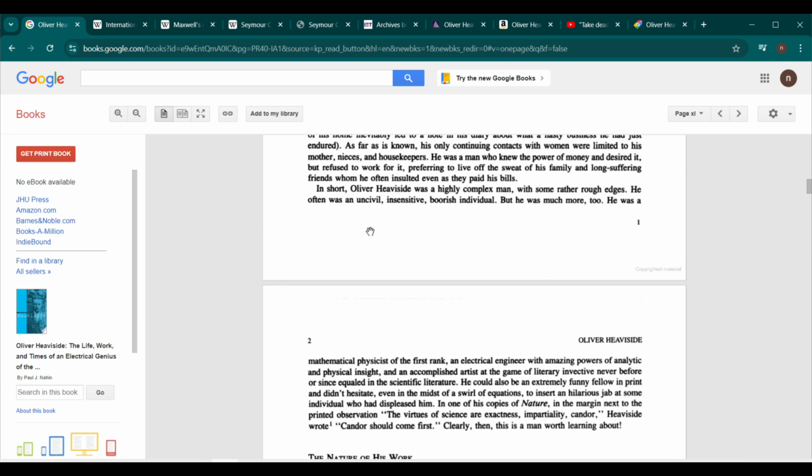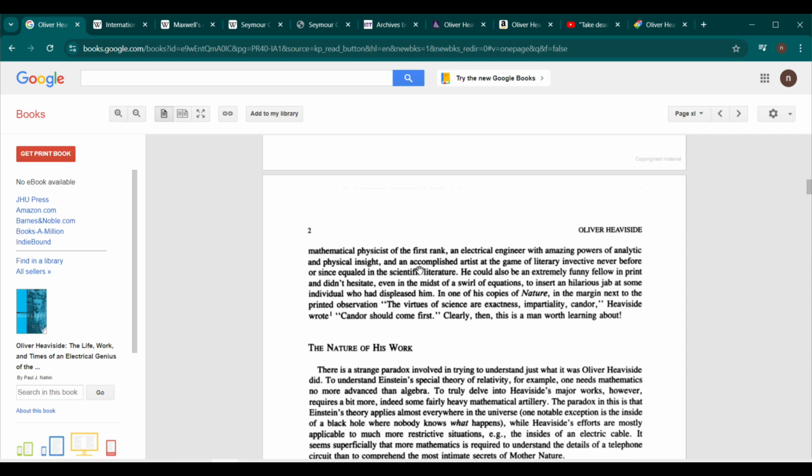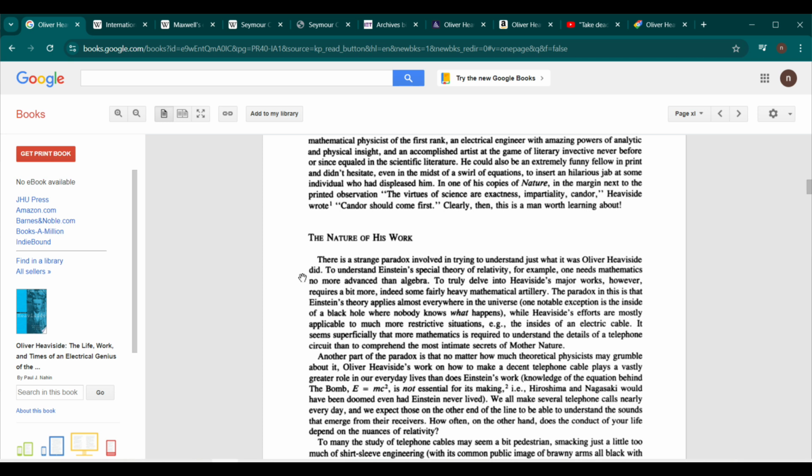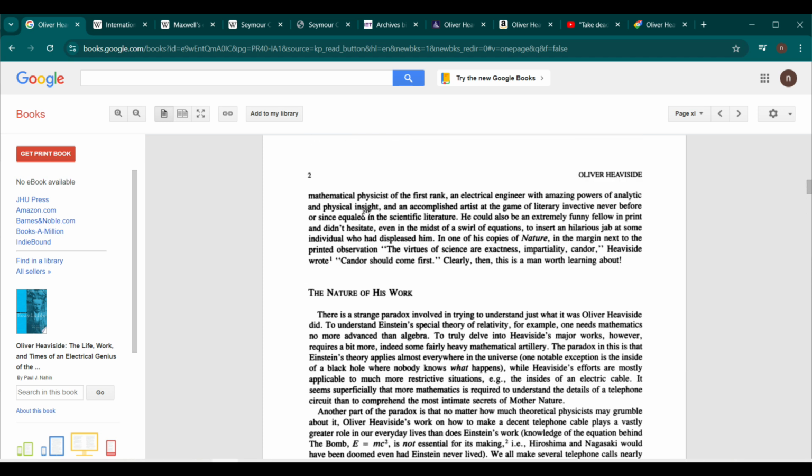In short, Oliver Heaviside was a highly complex man with some rather rough edges. He was often an uncivil, insensitive, boorish individual, but he was much more, too. He was a mathematical physicist of the first rank, an electrical engineer with amazing powers of analytic and physical insight, and an accomplished artist at the game of literary invective never before since equaled in the scientific literature.